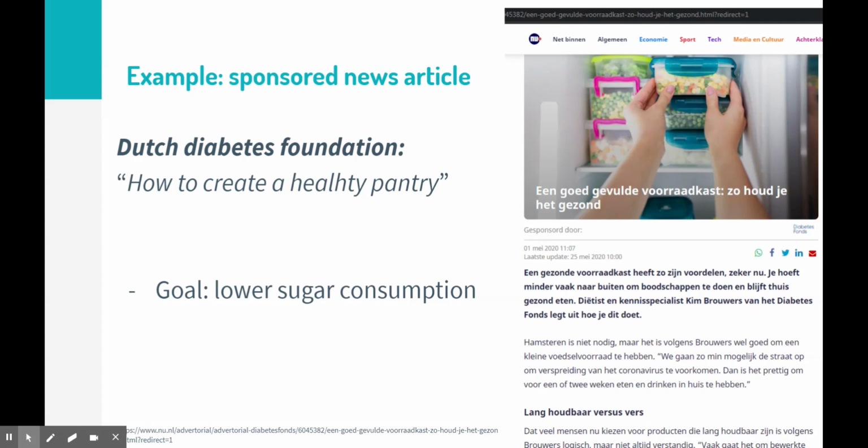Now, with these sponsored news articles, it is, for instance, the case that people are really deciding themselves to click on an article and to read it. And because it goes in this way, instead of that they are being forced, it is more likely that they will become more open towards that article.